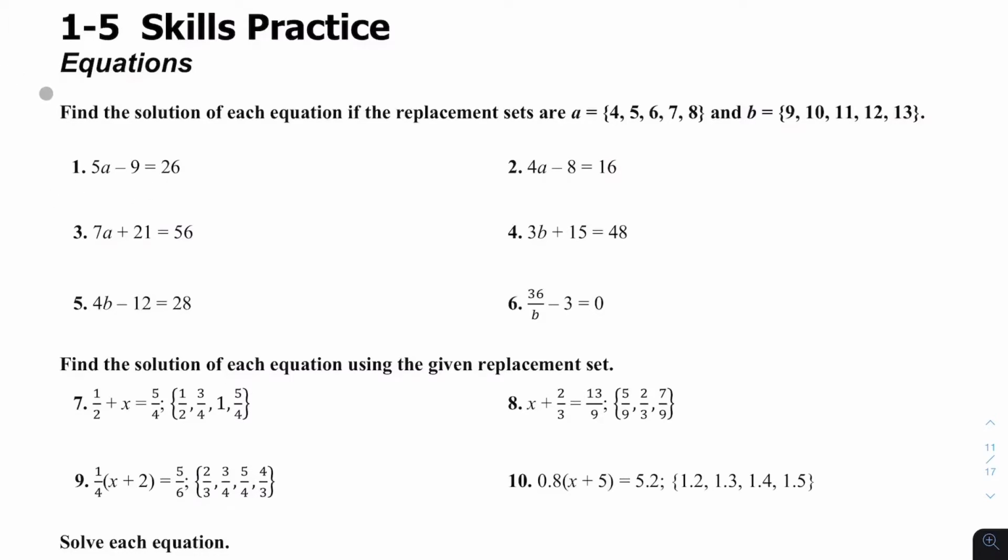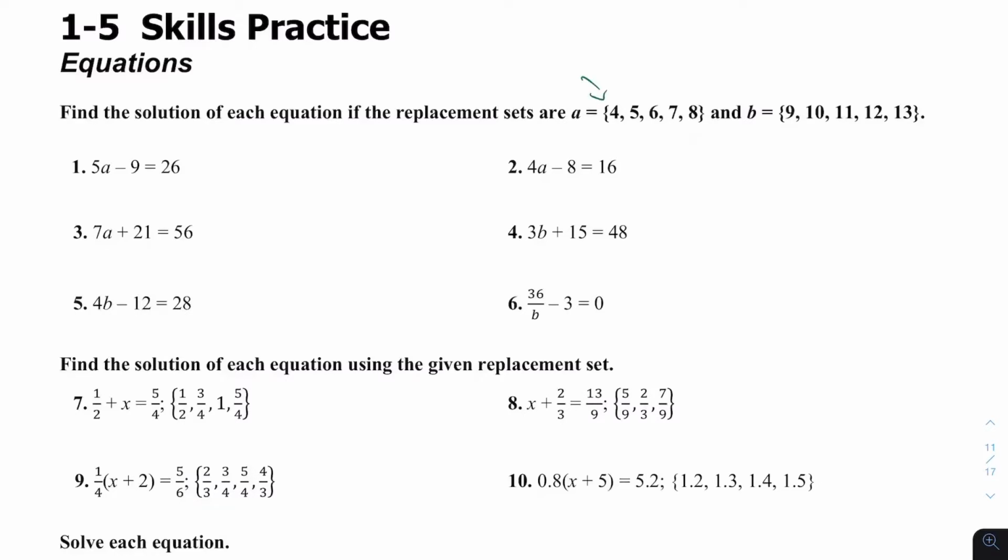We're going to start off learning about equations by doing it the old-fashioned way, which is plugging in numbers. So it says to find the solution by replacing a with 4, 5, 6, 7, 8. So that means we're going to replace whatever a is with the numbers in this set.